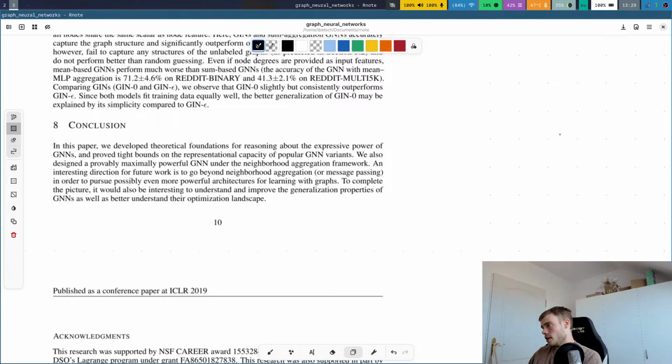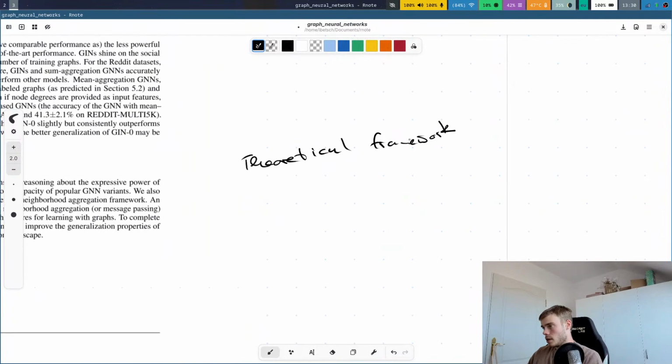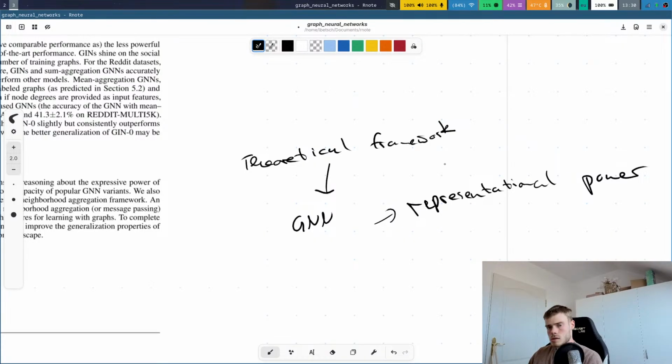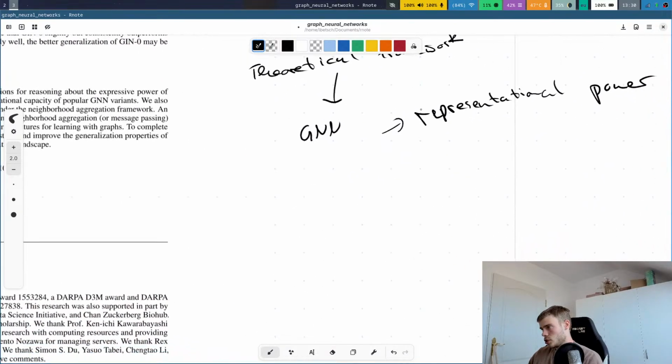Okay, so they have the theoretical framework, which they establish. And this looks at a GNN and at its representational power, and which is basically, okay, how well can this thing process a multiset or distinguish between two multisets?